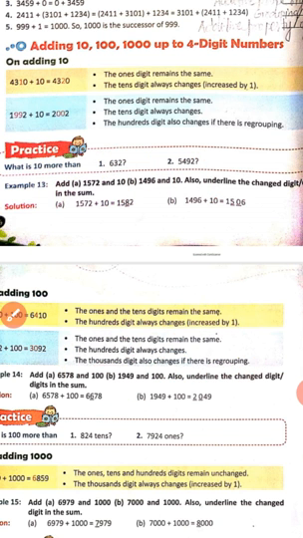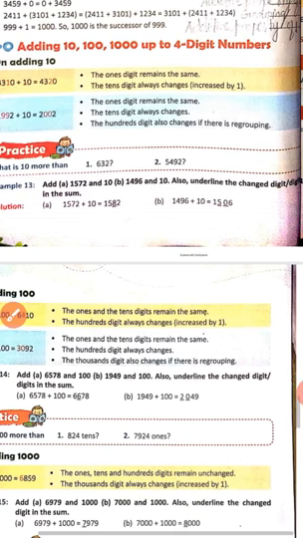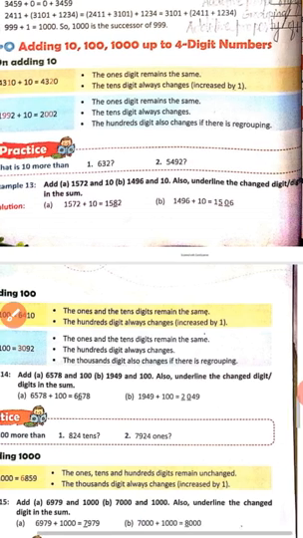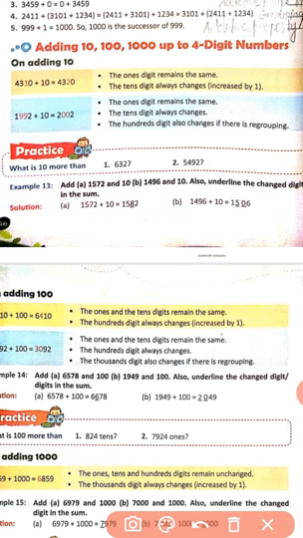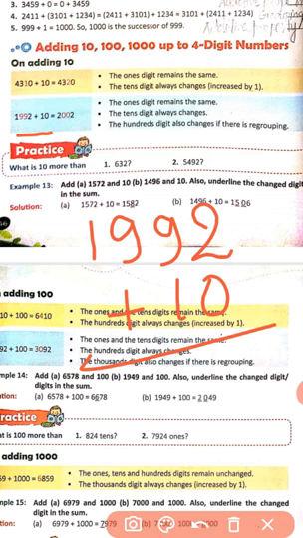Now we see next: 1992 plus 10. Now we will add: 2 ones plus 0 ones is equal to 2 ones, and 9 tens plus 1 ten is equal to 10 tens.